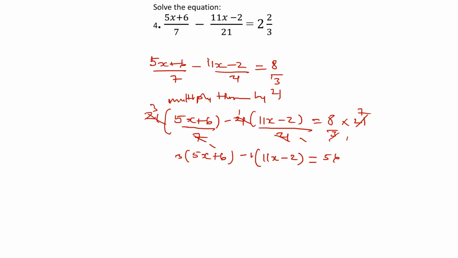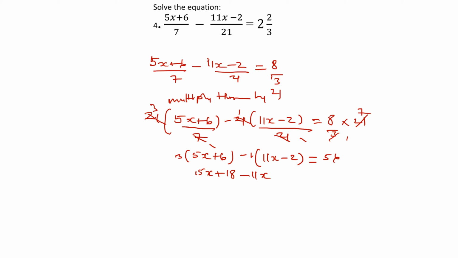So we clear this bracket. 3 multiplied by 5 is 15x. 3 multiplied by 6 is 18. Here again we have to be careful with the sign. This is a negative sign here. Minus 1 multiplied by 11x is minus 11x. We have minus 1 multiplied by minus 2.